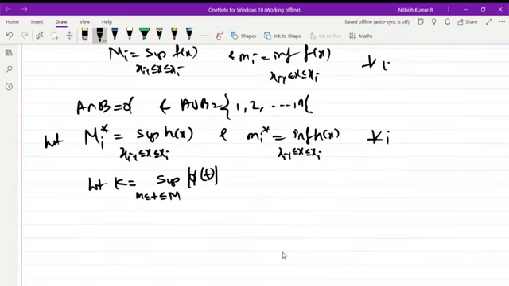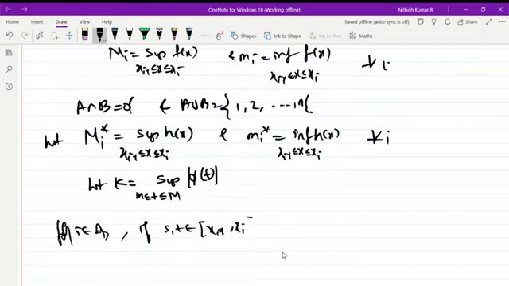Now for any i belonging to A, if s, t belong to the closed interval x(i-1), xi, then f of s and f of t belong to the closed interval small mi, capital Mi.